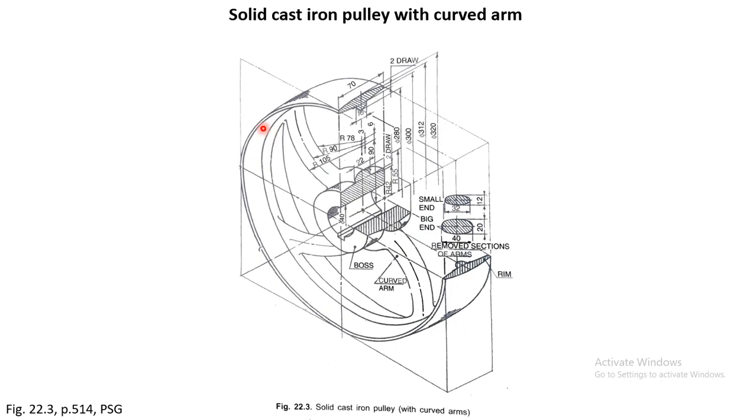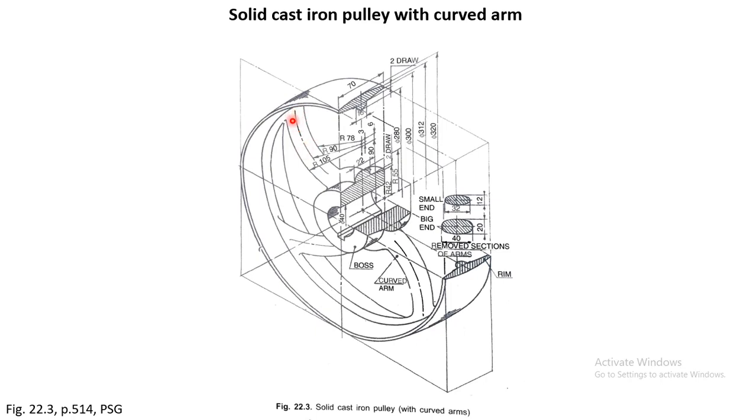With the elliptical cross section, it has got curvature, and this curvature is provided so that during casting, when this pulley solidifies, because of solidification there will be contraction, and if it is straight, because of contraction there will be cracks and it may fracture at some point.